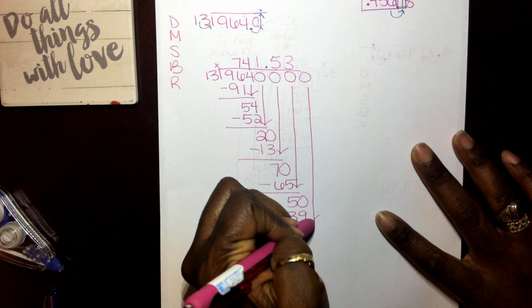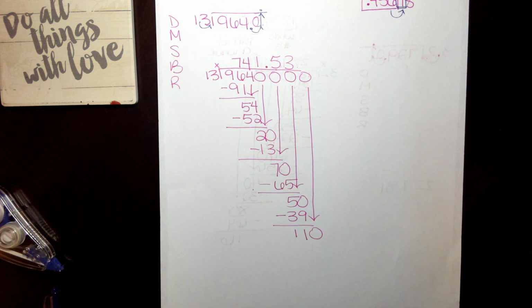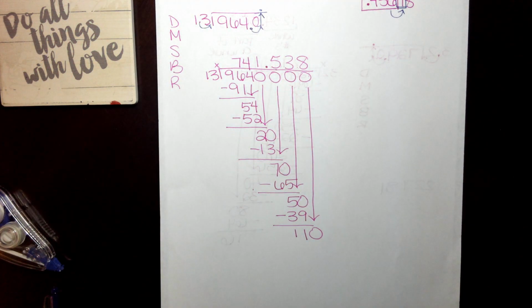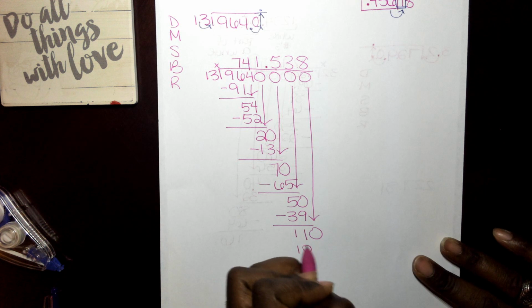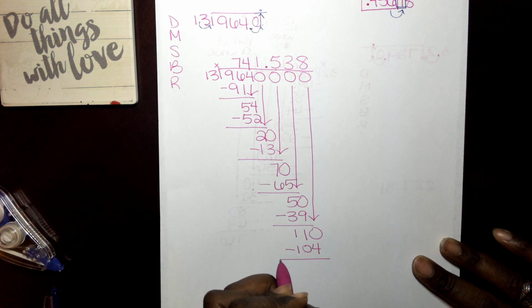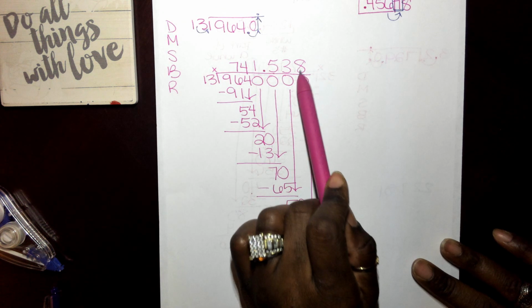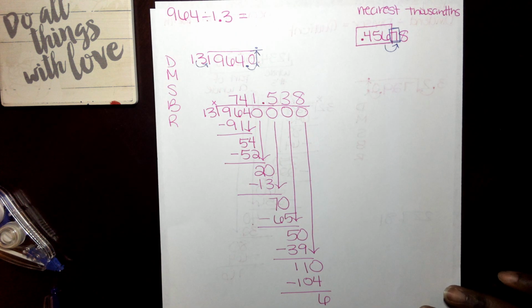Bring it down. 110 divided by 13 gives me 8. And then 8 times 13 gives me 104, which leaves me with 6. But I don't need to go any further because I do have my 3 numbers after the decimal. So I only need it to the nearest thousandth.